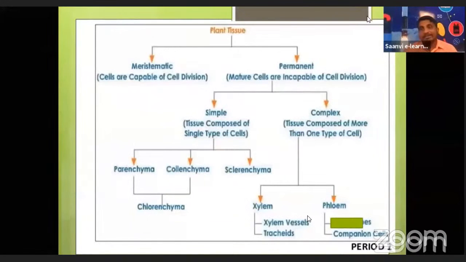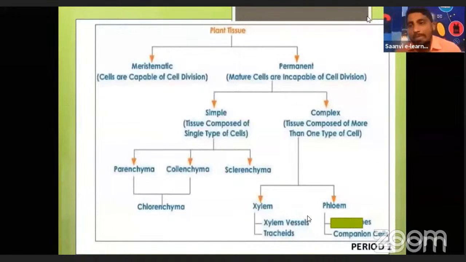Xylem is helpful in transportation and phloem is also helpful in transportation. But xylem helps in transportation of mineral salts and water. You just keep in your mind mineral water, you will get an idea. Phloem is responsible for transportation of food material.